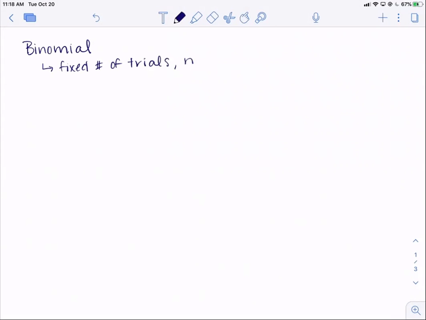And our x value here, the random variable, equals the number of successes. Okay, the number of successes. That's what makes binomial binomial.